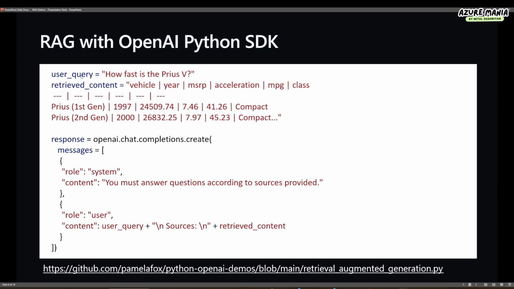Here you can see user query, this is the question you have to provide here, and the retrieved content, that whole file you have to provide here, or maybe the link or whatever it is. Then it will work with it. The question is the user query, plus the sources, which is the retrieved content.